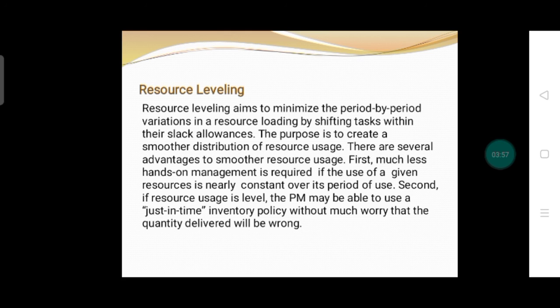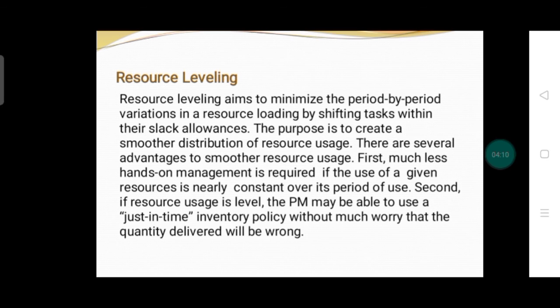First, much less hands-on management is required if the use of a given resource is nearly constant over its period of use. The second is that if resource usage is level, the PM may be able to use a just-in-time inventory policy without much worry that the quantity delivered will be wrong.